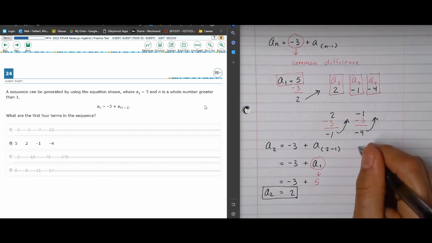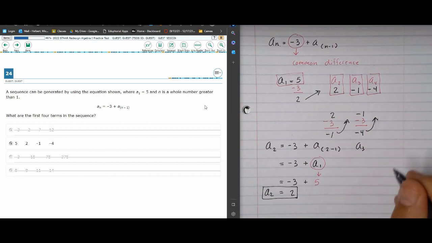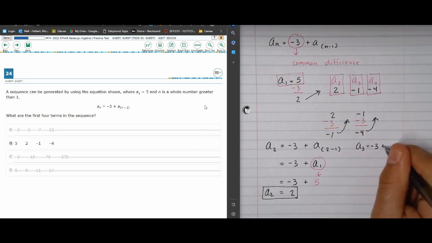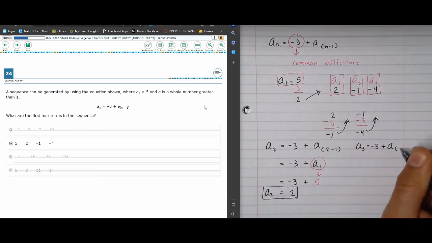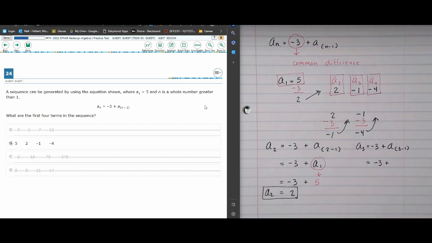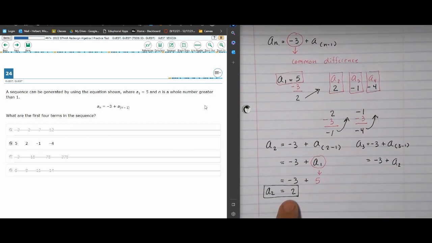If we wanted to find the next one, we would just do a sub 3 is equal to negative 3 plus a sub 3 minus 1. And we would repeat the process, right? At this point, we would just say, okay, we have negative 3 plus, and in this case, 3 minus 1 is going to give me 2. So that's a sub 2. And we had already found a sub 2 right here.